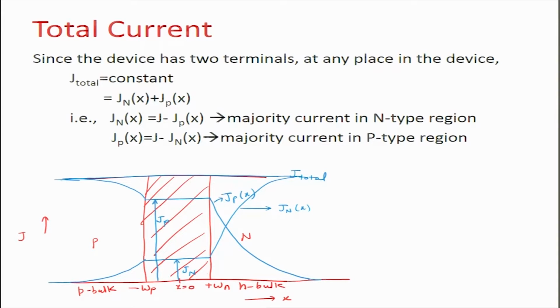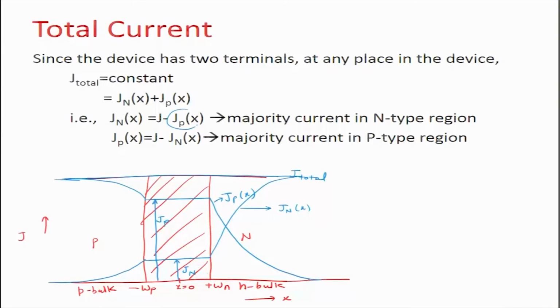Similarly on this side, if you want to find out the majority current JPX, that would be total J minus JNX. Similarly you can find the minority current. So this would be, for example, the minority current in N type if you take JNX as the majority current in the N type.